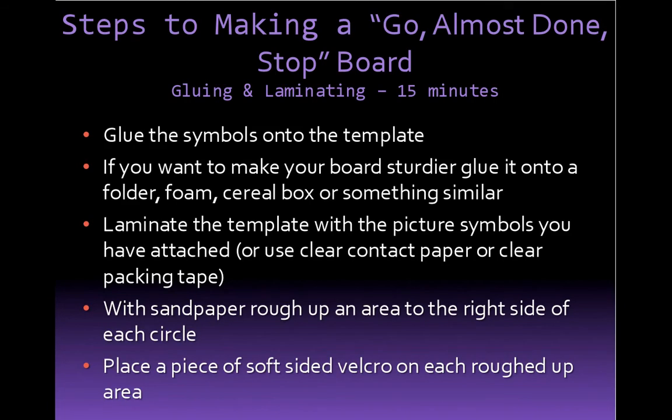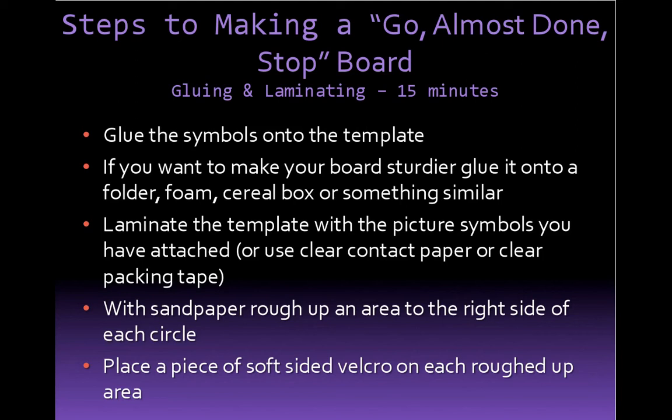Okay, now we're ready to do the second step in making our Go Almost Done stop board. And in this step, we're actually going to glue the symbols, pictures down onto the template. And remember, if you want your template to be sturdier, go ahead and glue it onto a sturdier piece of cardboard.